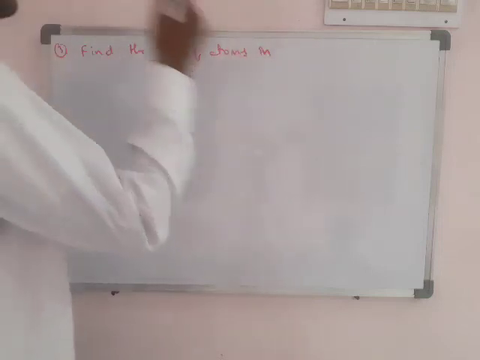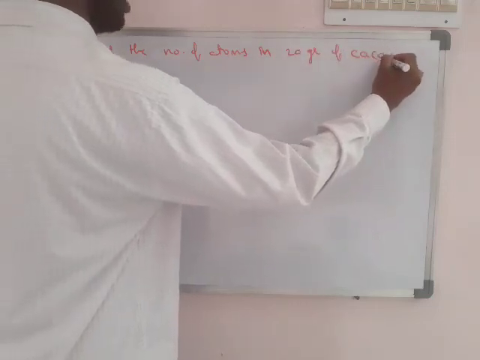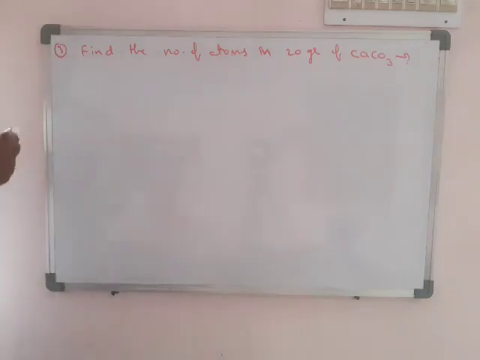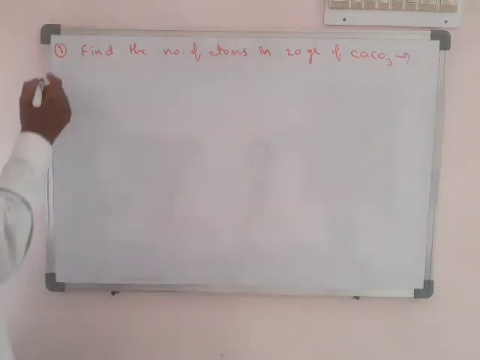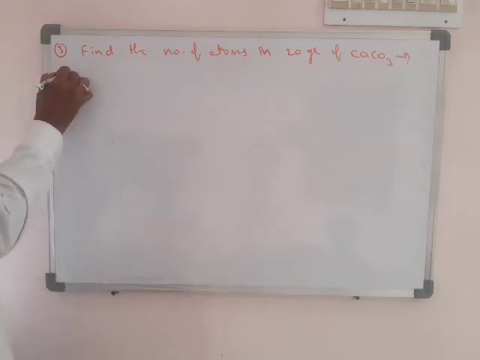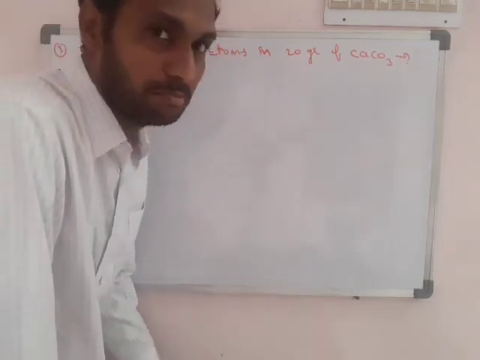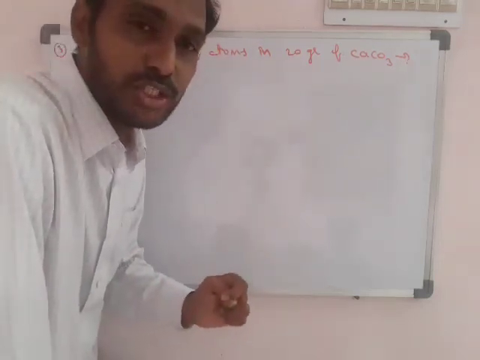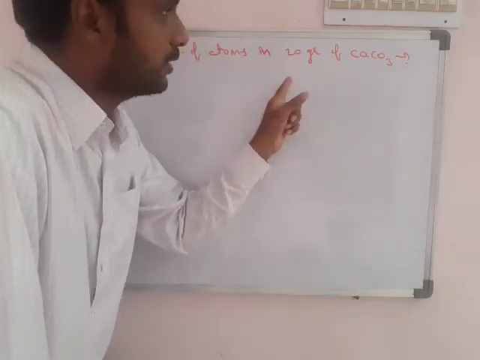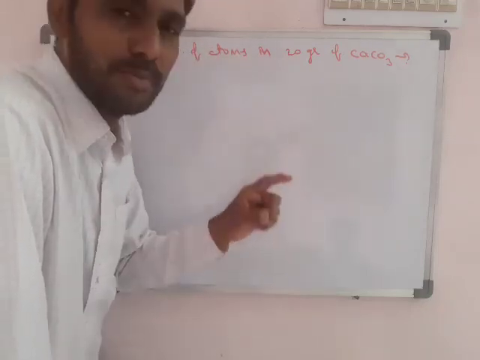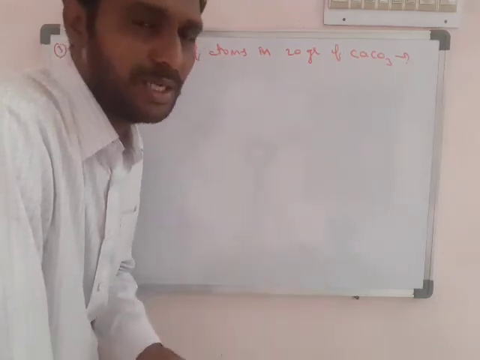Find the number of atoms in 20 grams of calcium carbonate. Again 20 grams of calcium carbonate, we have to find the number of atoms. For number of atoms we have to compare atomic weight, but it is given as a molecule. So how do we compare molecular weight to atomic weight? Here, first we find out the number of molecules. If we find the number of molecules, then after that we will get the number of atoms.